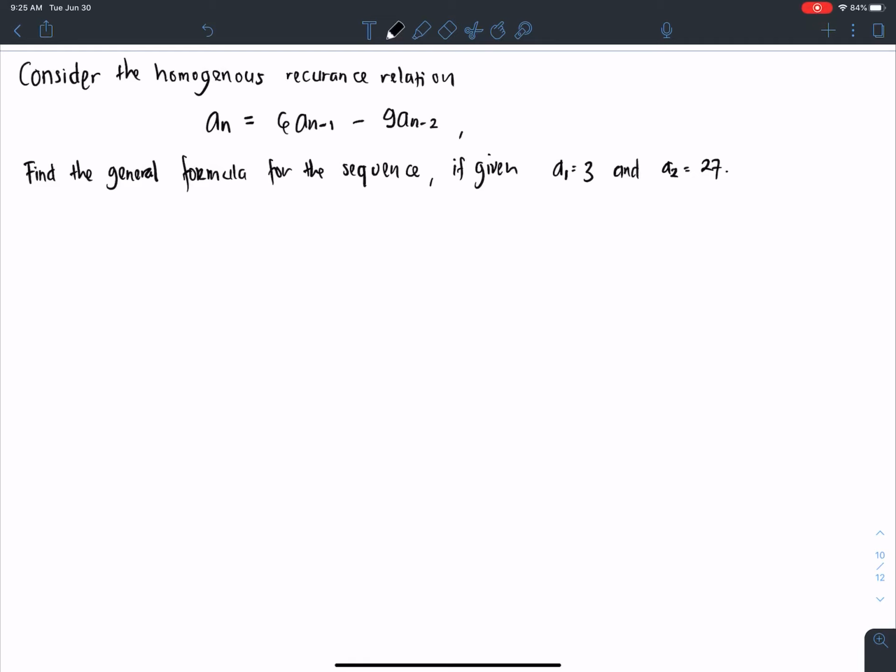Alright, so as I mentioned in the previous video, now here we are going to see another case in recurrence relations. In the previous examples of the questions we worked on, we found that the roots of the polynomial are different.